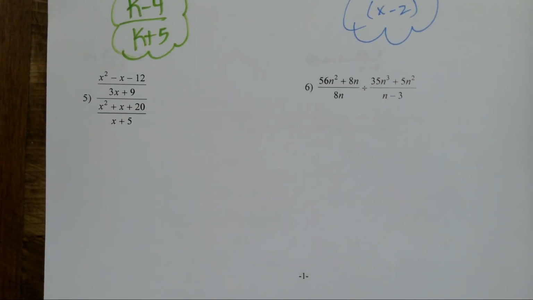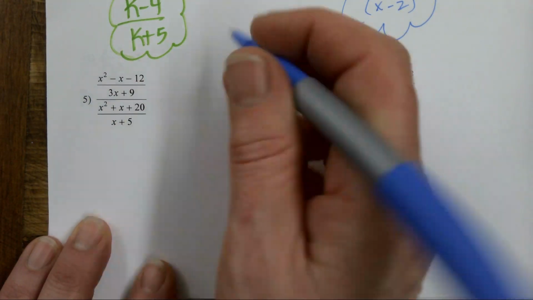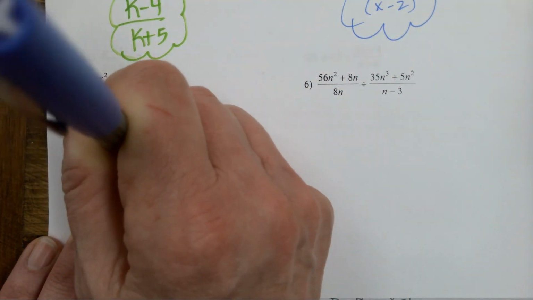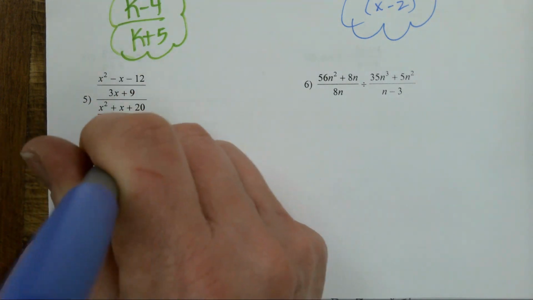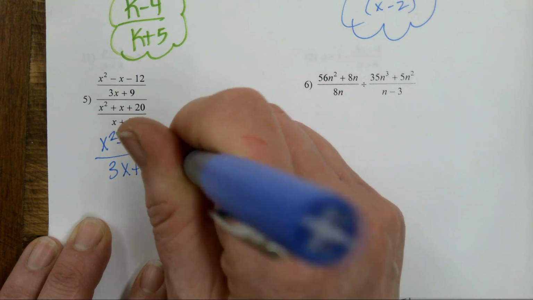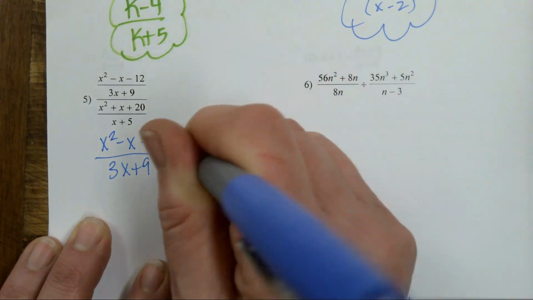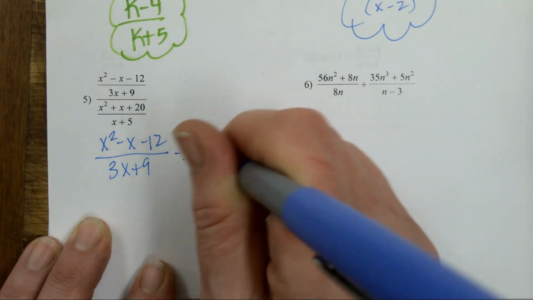Well, let's start going. This is x squared minus x minus 12 over 3x plus 9 divided by x squared plus x plus 20 over x plus 5.